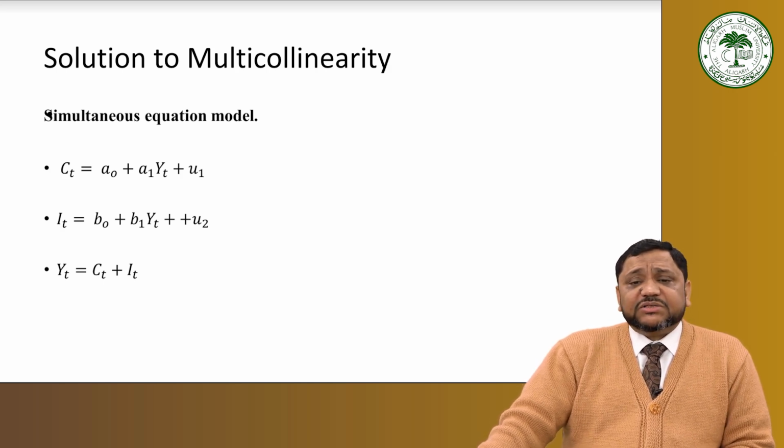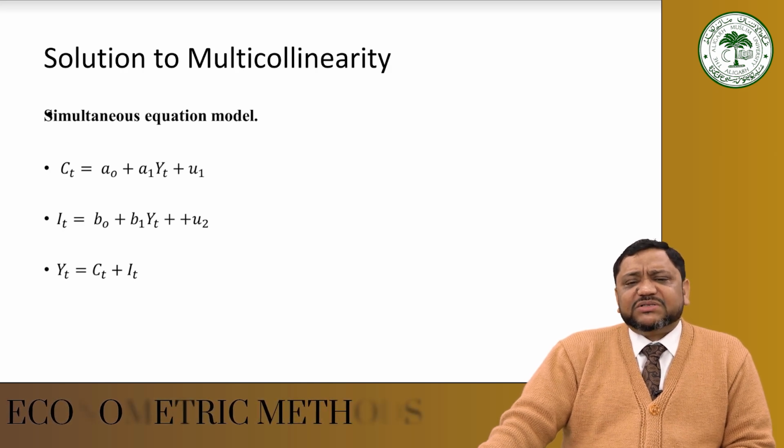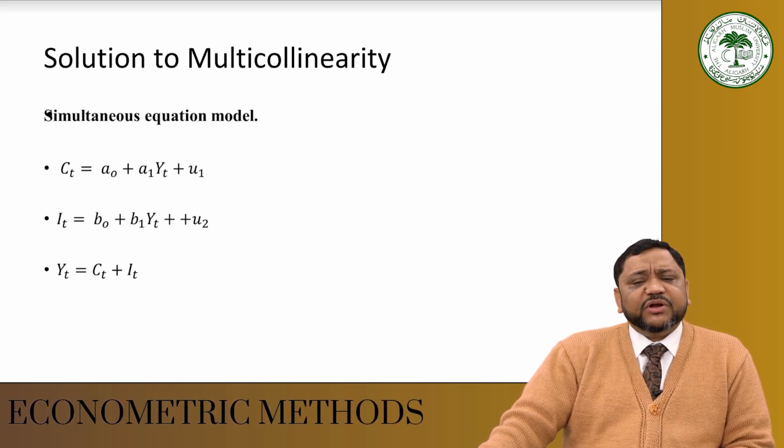Now the simultaneous equation models are treated as jointly determined, meaning that the model accounts for the simultaneous relationship between variables. By explicitly modeling these interdependencies, a simultaneous equation model can help disentangle the relationship among variables and reduce multicollinearity.